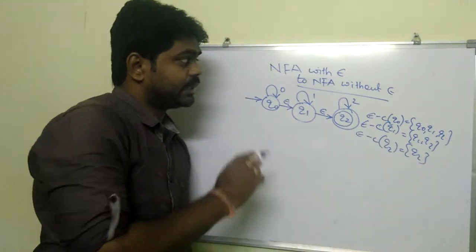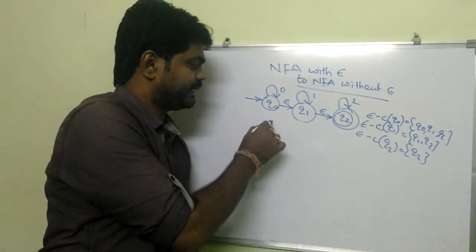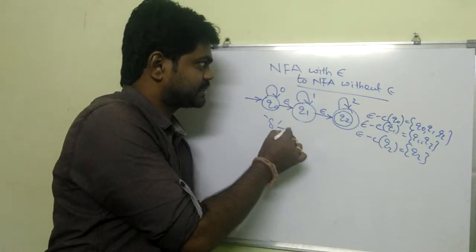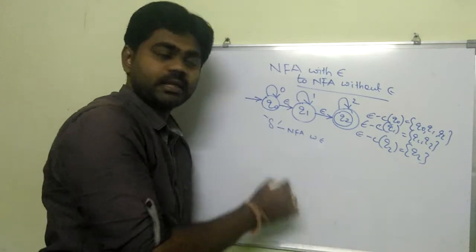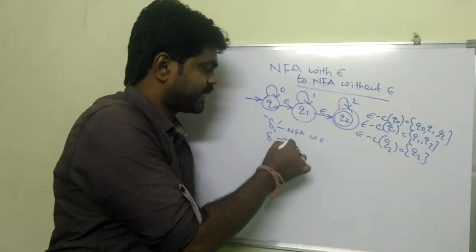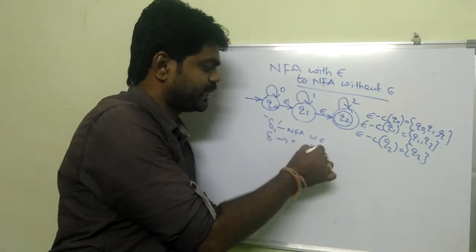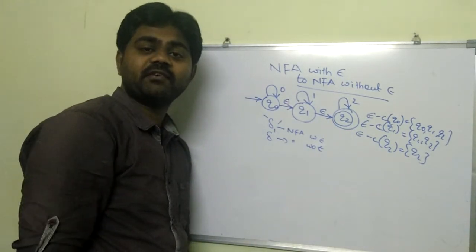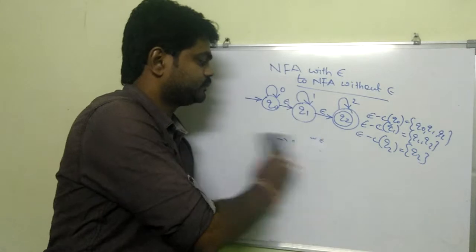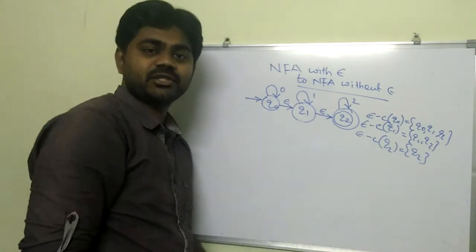Now, let us assume that delta is the NFA with epsilon and delta dash is the NFA without epsilon. Now I need to find a formula for the NFA without epsilon. Let me take delta dash.